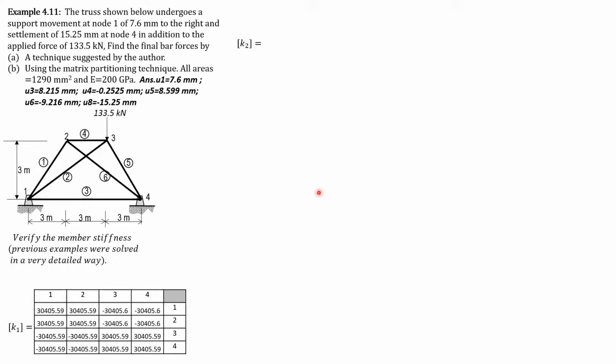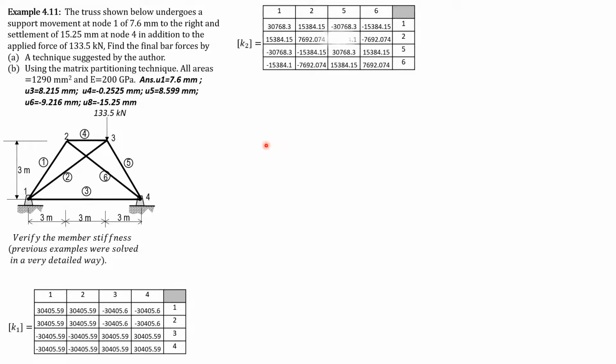Then K2, verify that these are the values. Number 2 is 1 to 3, 1 to 5, 6. The slope is 6, 3, so 2 horizontal, 1 vertical, square root of 5. So the cosine is 2 over square root of 5, the sine is 1 over square root of 5. Then multiply by area E over length, then show that these are the values.